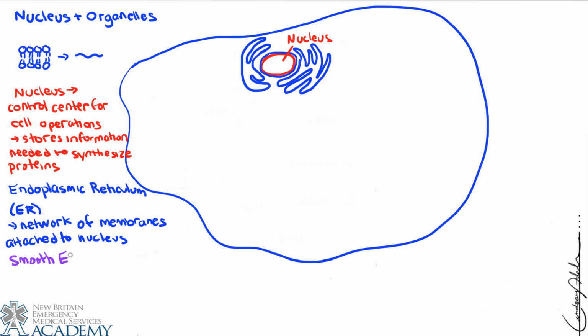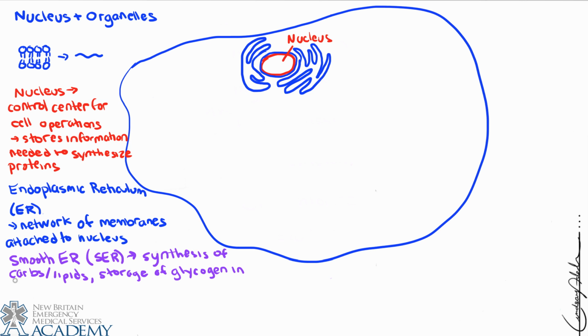There's the smooth endoplasmic reticulum, abbreviated SER. The smooth endoplasmic reticulum is responsible for synthesis of carbohydrates and lipids. It's responsible for storage of glycogen in liver and skeletal muscle. As an aside, glycogen is also stored in granules in the cytoplasm and a couple of other places, so it's not the only way that we store glycogen, but it's one of the ways.